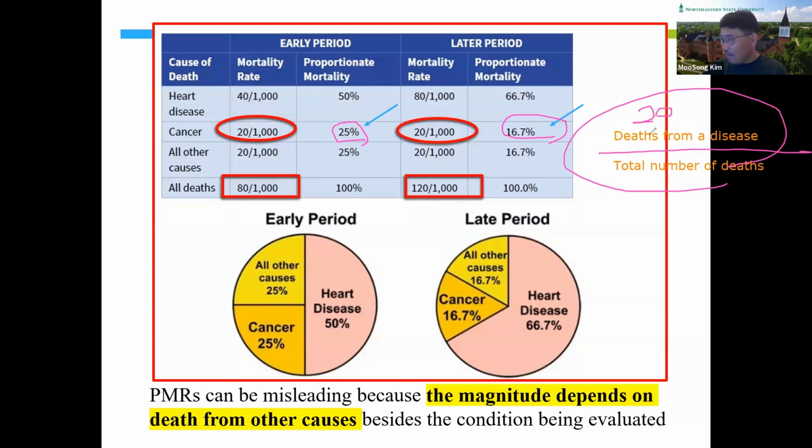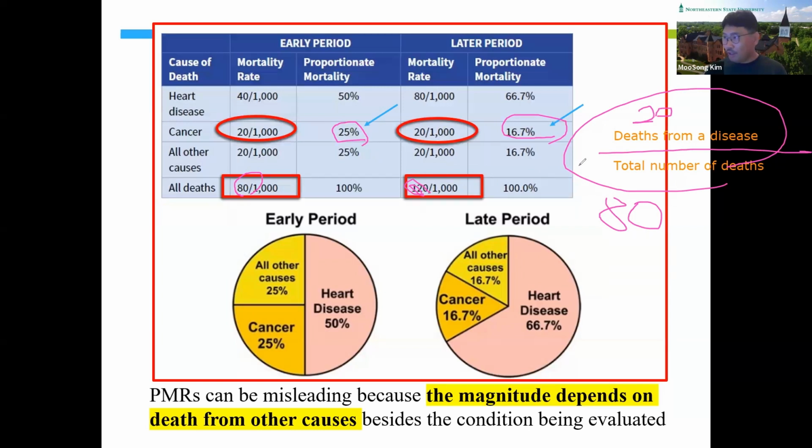But what made a difference is this total number of deaths, 120 here and 80 here. So 20 over 80 times 100 is actually 25%. But 20 over 120 times 100 is 60.7.